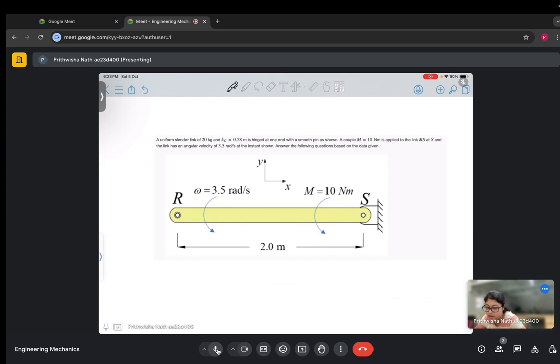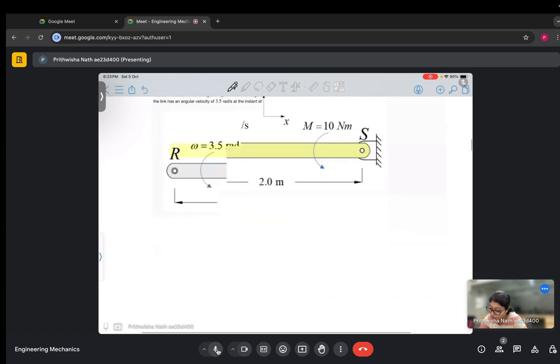A couple M is acting at S, and the angular velocity is also given, which is equal to 3.5 radian per second. We are asked to find out what type of motion it is.